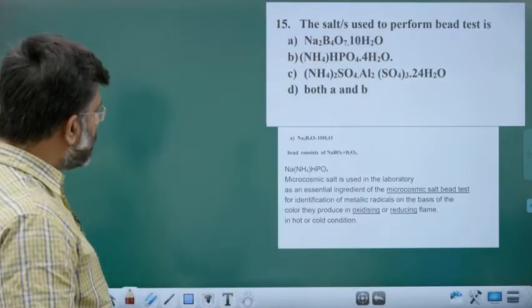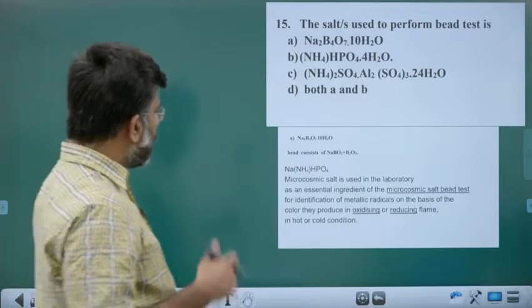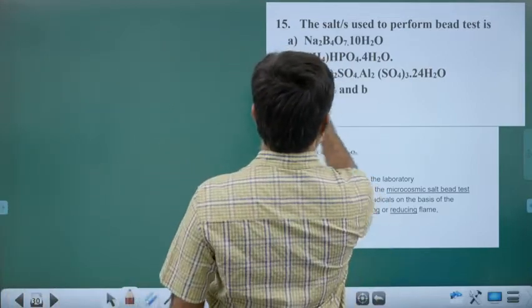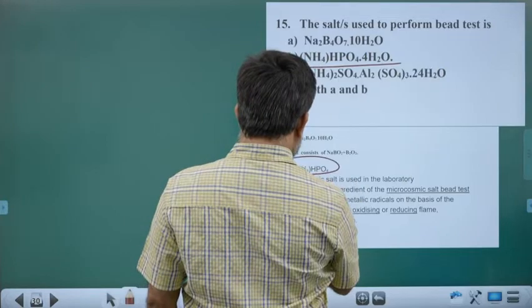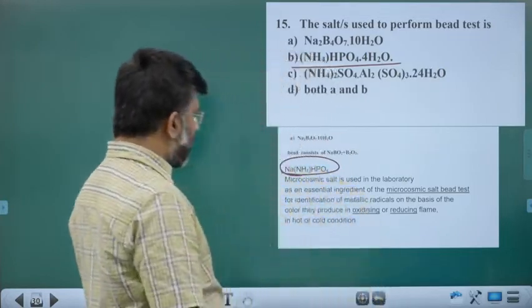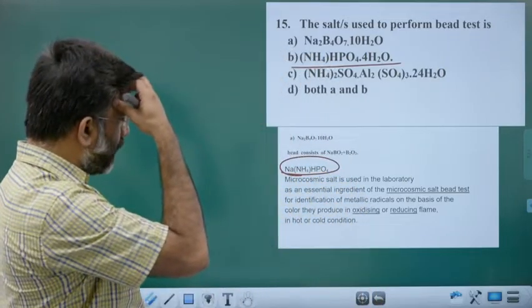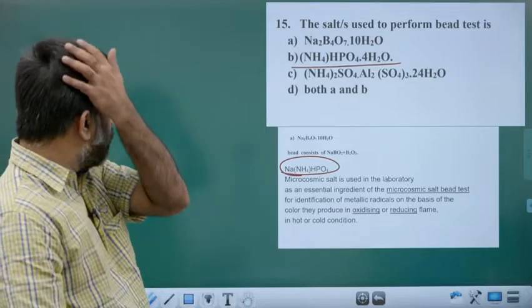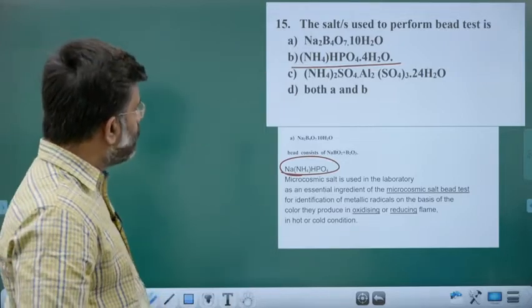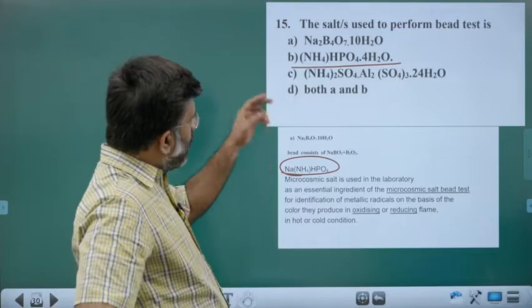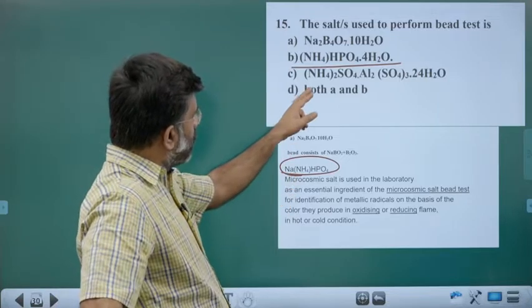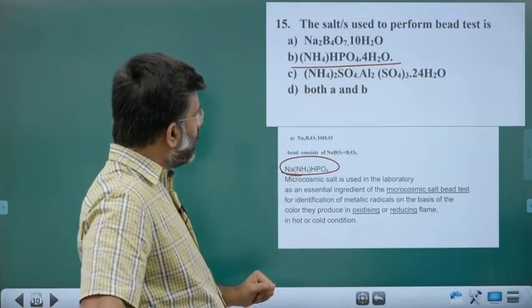Answer is option A. And there can be one more answer. Sodium ammonium hydrogen phosphate is called microcosmic salt, which is not in the choices. Somebody who has read about microcosmic salt may select option D, but it is not.